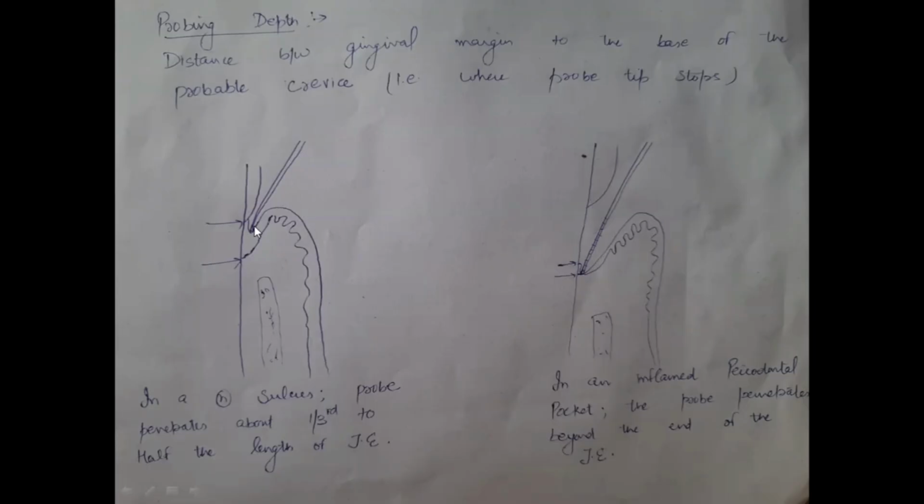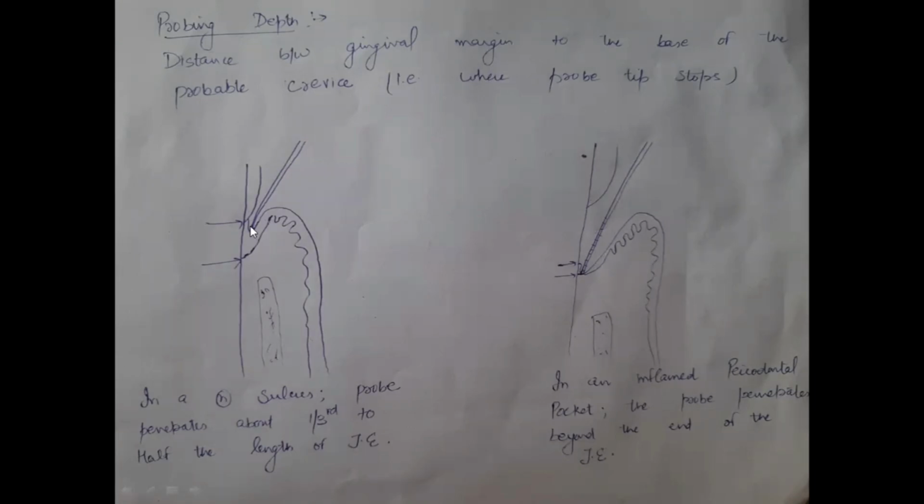Now, what I told you is that what is biologic depth or histologic depth? Biologic depth is between the gingival margin, this is the gingival margin, and the base of gingival sulcular epithelium. This is sulcular epithelium and here is the base of the sulcular epithelium.